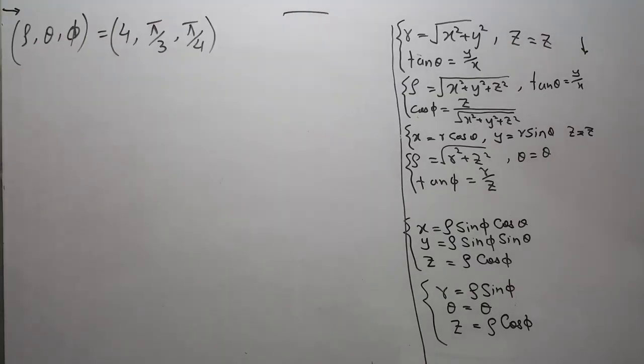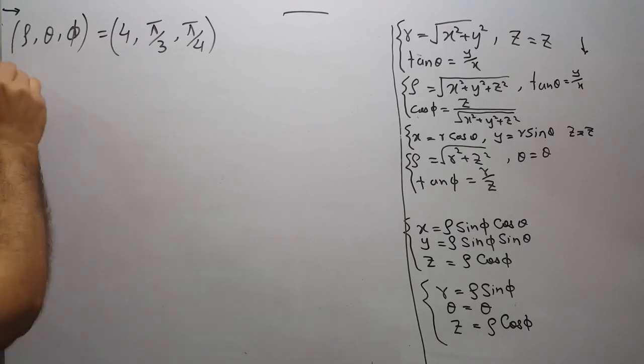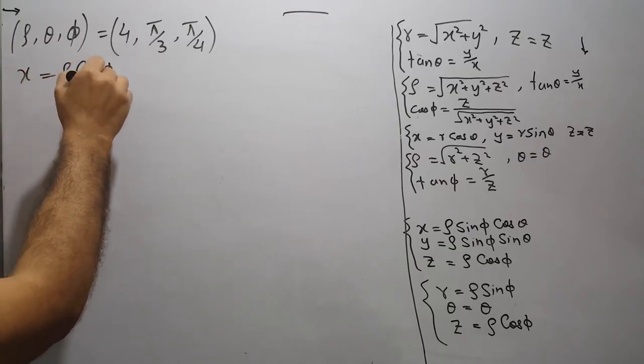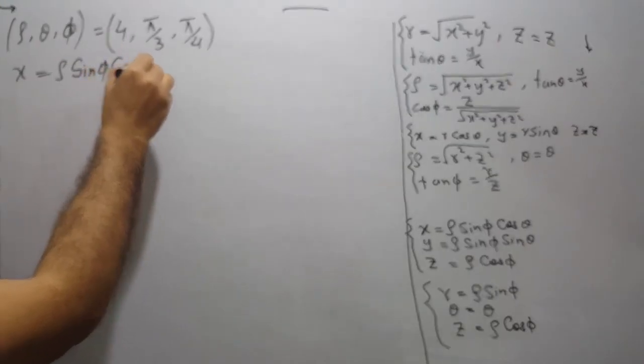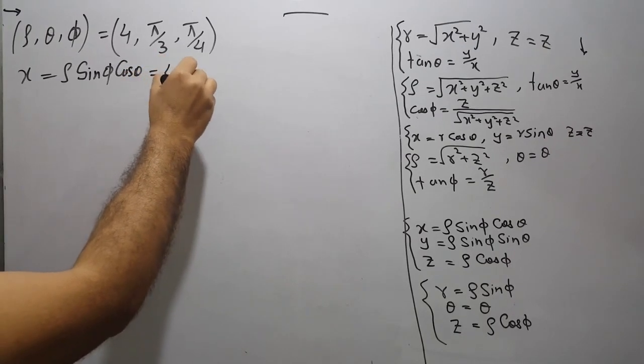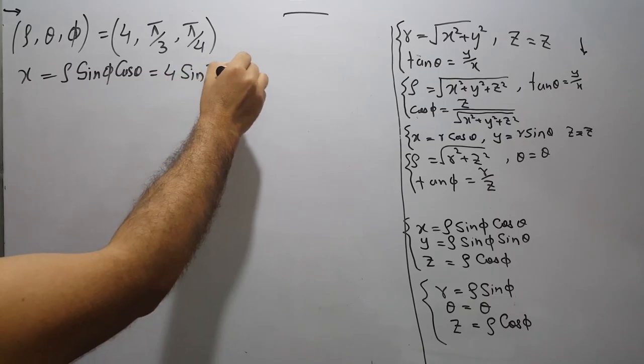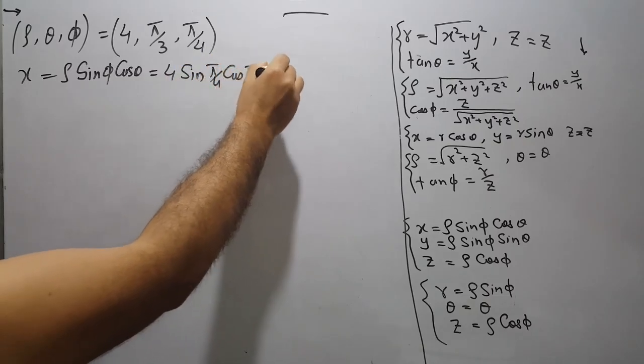The last conversion example is if you are given spherical coordinates and you have to transform them into rectangular and cylindrical. The formula for x would be rho sine phi cos theta. Rho is 4, phi is pi by 4, and theta is pi by 3.